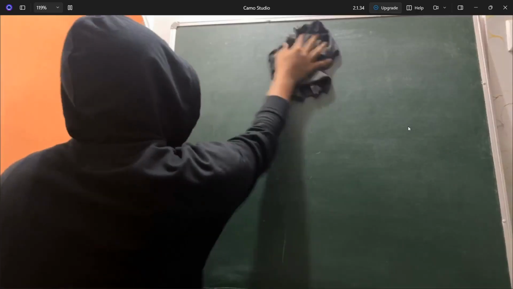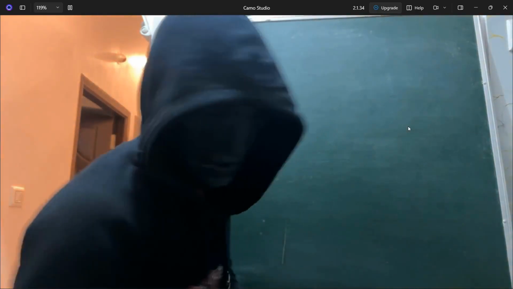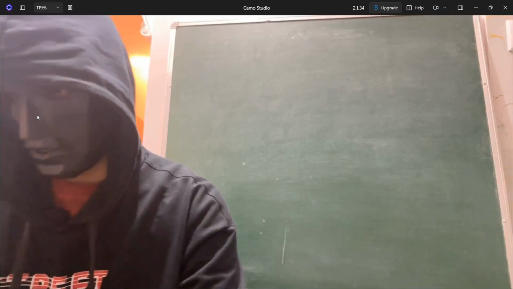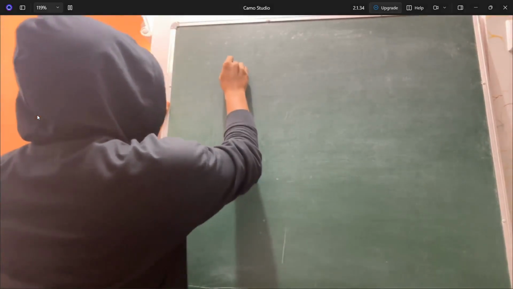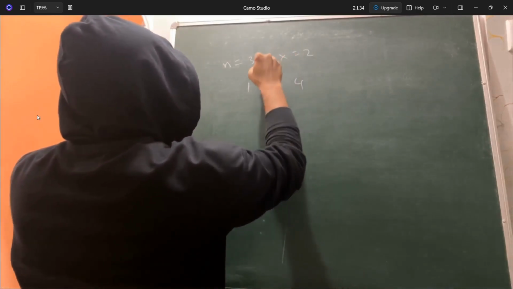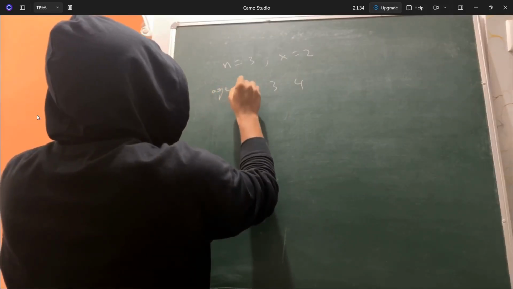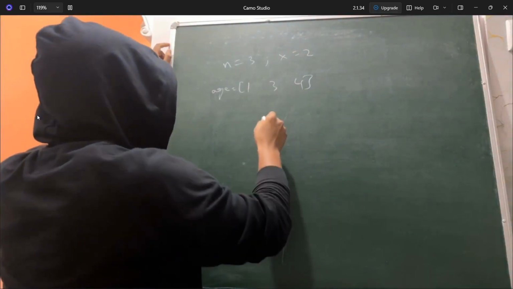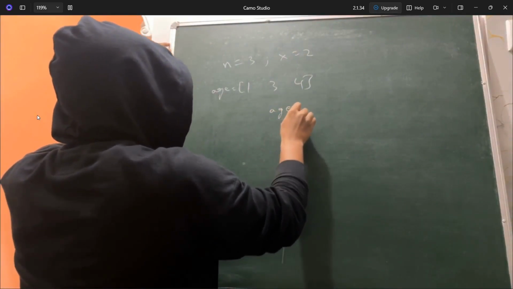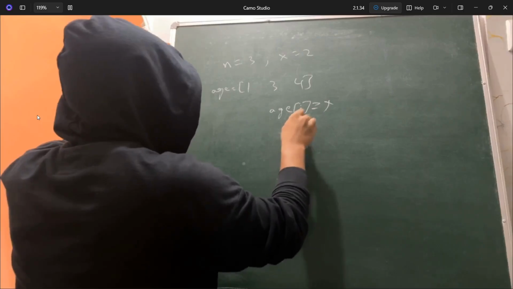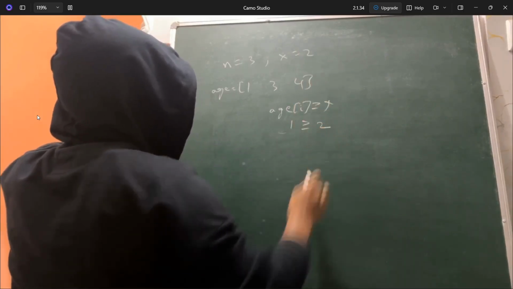Let's go with the second example. 3, 2, 1, 3, 4. So these are the ages. 3 people are there in Chefland, and to vote, the minimum age has to be x, which is 2. So the first age, 1, greater than or equal to 2 is false.